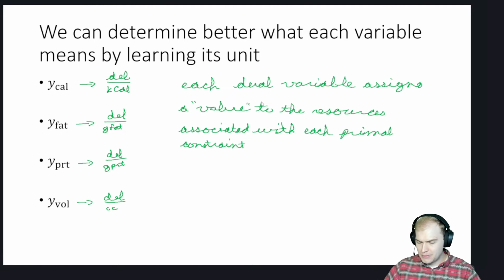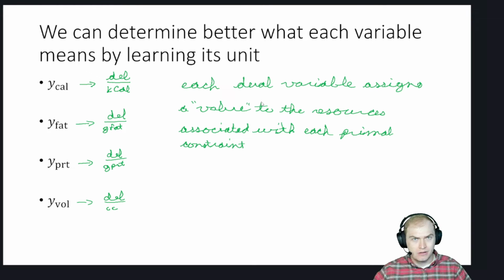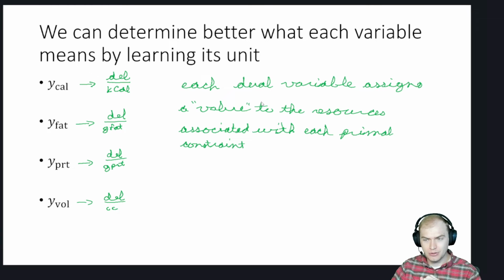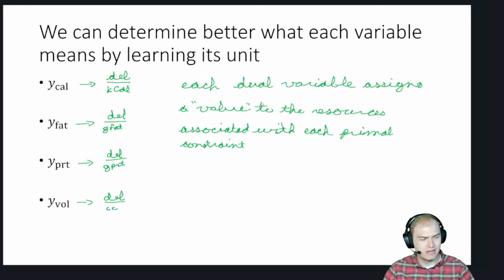So if you remember this problem, we had to have a certain number of calories. We had to have at most a certain number of fats. We had to have at least a certain amount of protein, and we had to have exactly a certain volume.